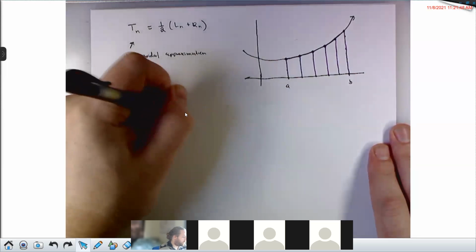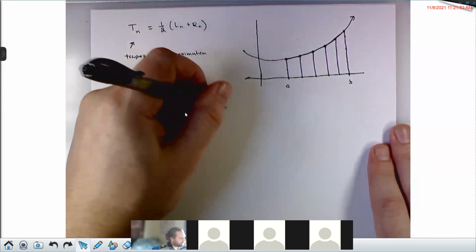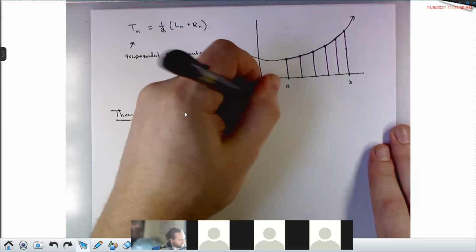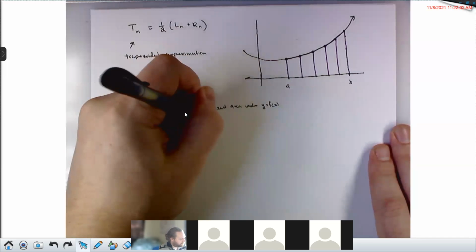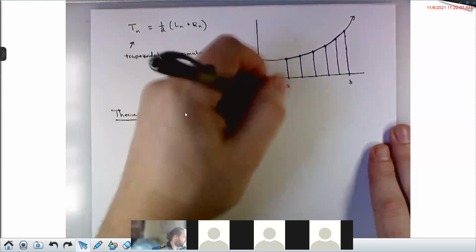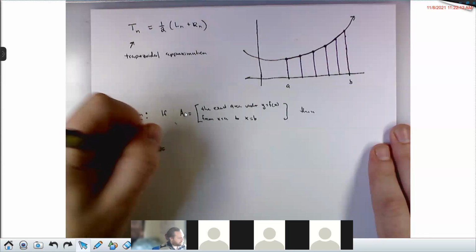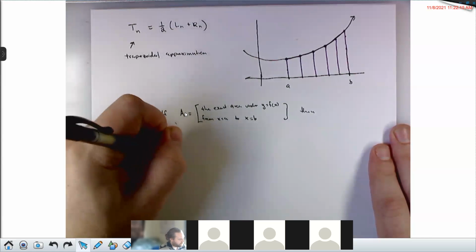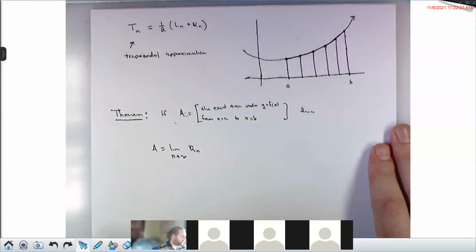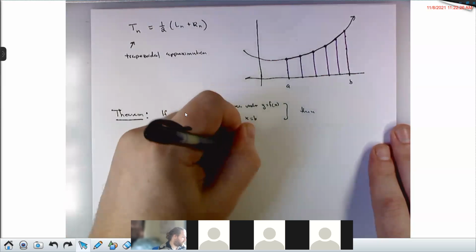If A is the exact area under y equals f of x from x equals a to x equals b, then A can be thought of as the limit as n goes to infinity of Rn, or the limit as n goes to infinity of Ln.